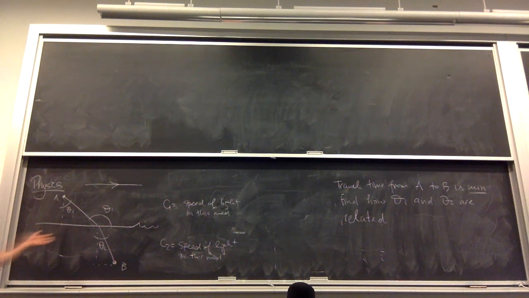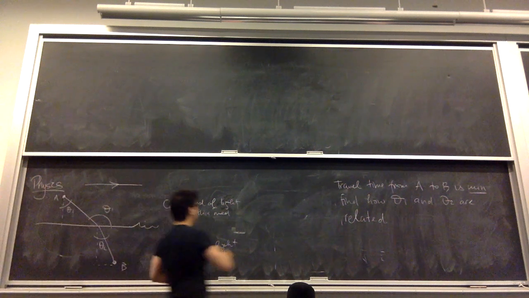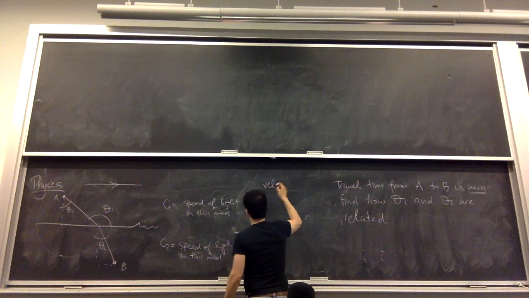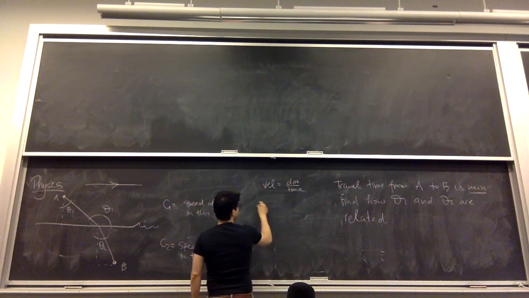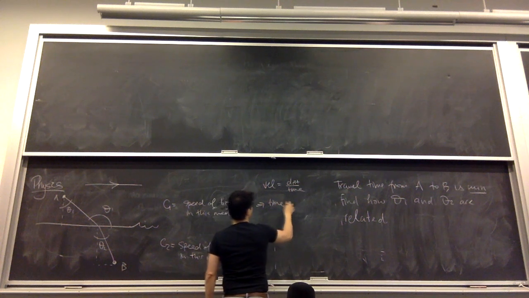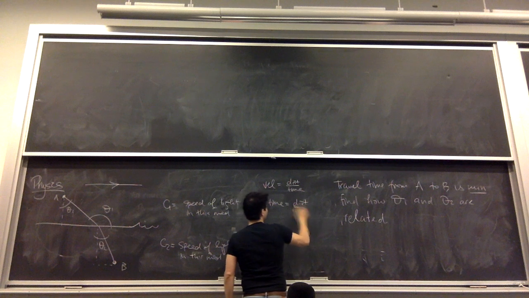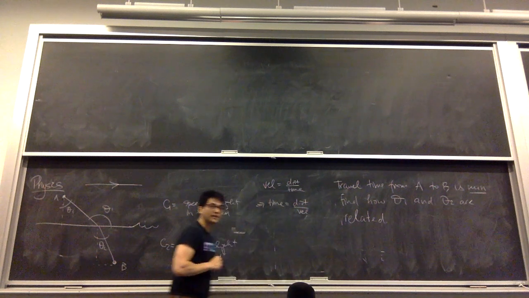Okay, so we need to somehow get travel time. What's the equation relating speed, distance, and time? Velocity equals distance over time. Yeah, so your velocity, or speed, or c, is equal to distance over time, which means that time spent is equal to distance over velocity.